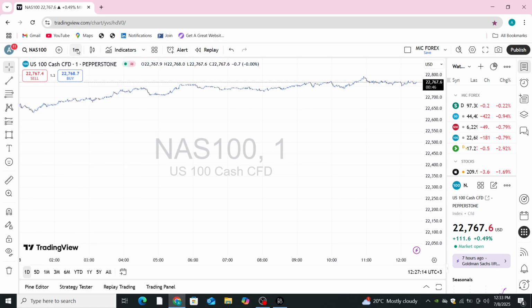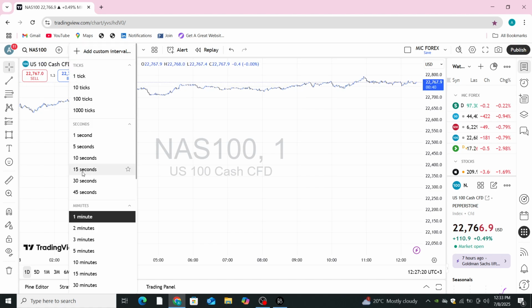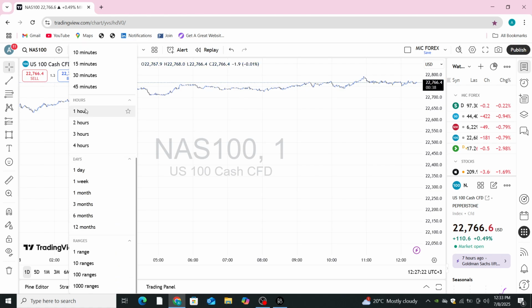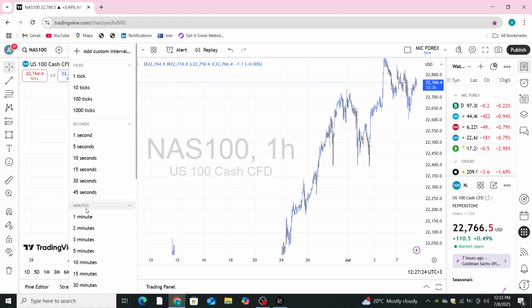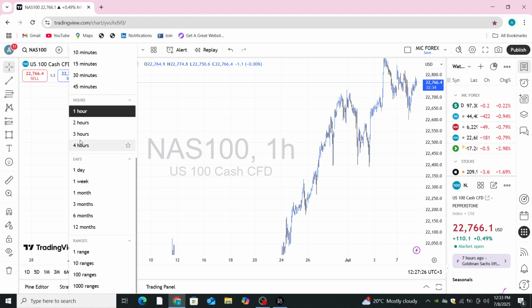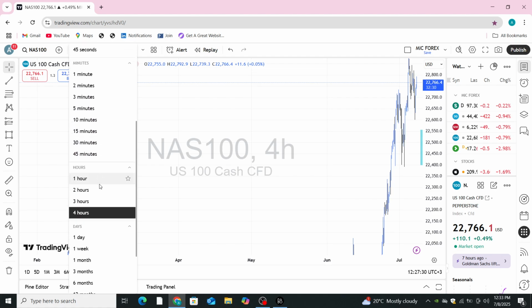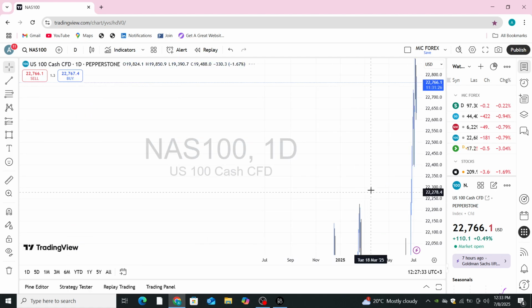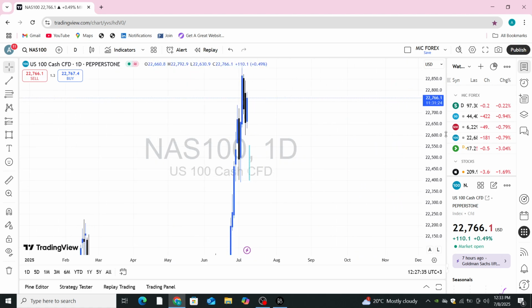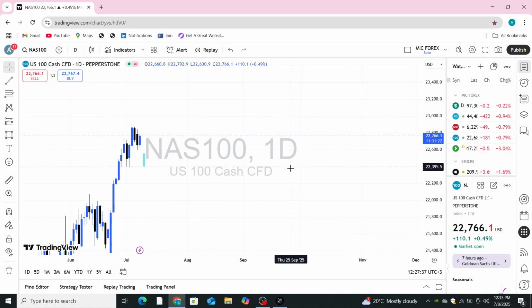The first one is the pair, the second one is the time frame. So you can choose 1 hour, you can choose 4 hours, depending on the type of trade that you have. You can also choose 1 day, and so forth. So that is what you call the time frame.